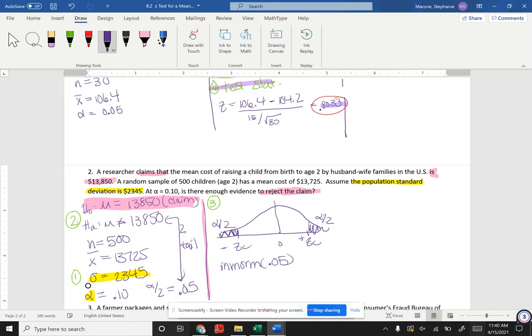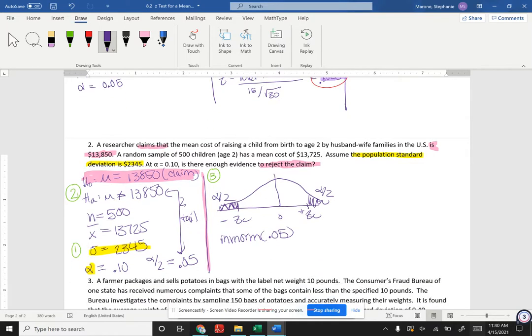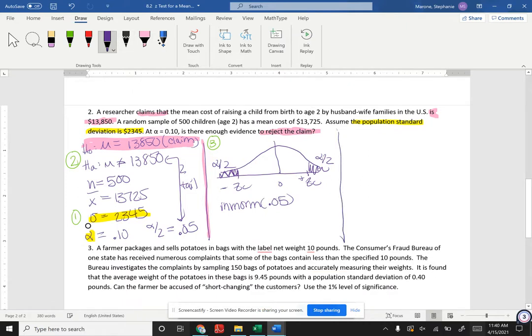Since it's a two-tail, we divide alpha in half. The critical value is the same as before, which is 1.64. That was our critical value, and now we're going to find the test stat.